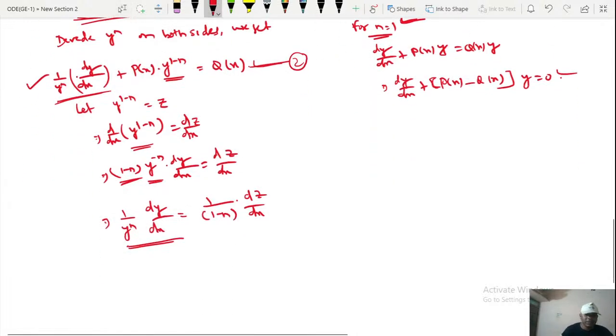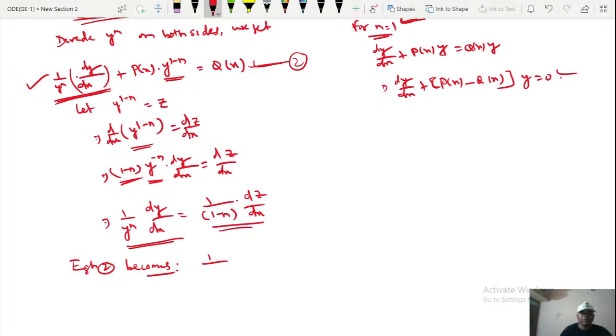So now equation 2 becomes, in place of this one, I will write this one: 1 divided by 1 minus n into dz by dx plus p of x into z, since y to the power 1 minus n is z, equal to q of x.